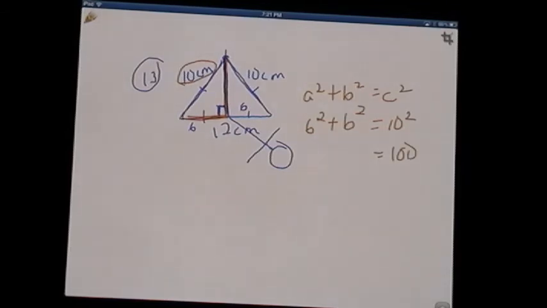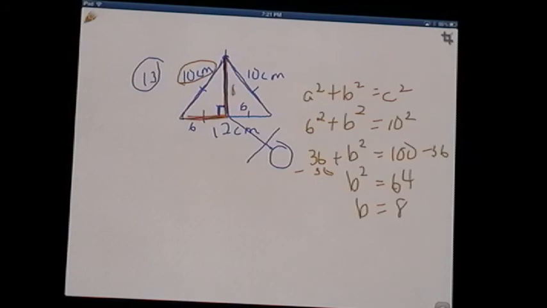And so we get 100 on one side, and that's a b squared, and 36. And when you subtract 100 minus 36, you get 64. We're subtracting 36 from each side. And we get b squared is 64, so b is 8.